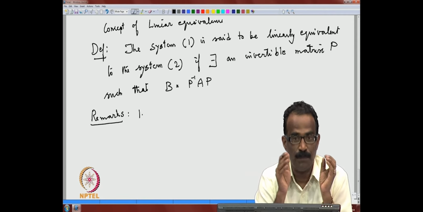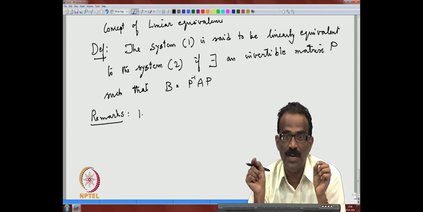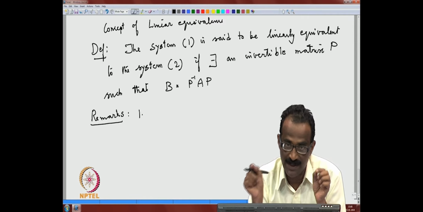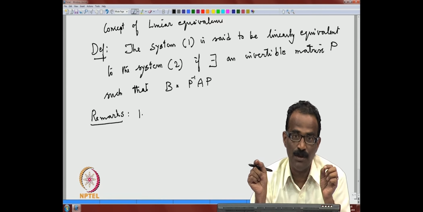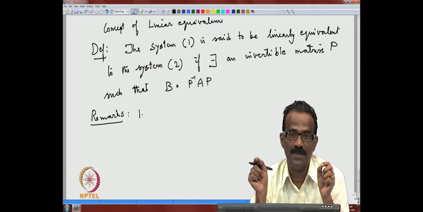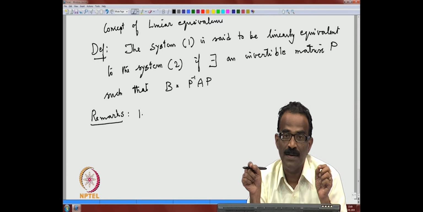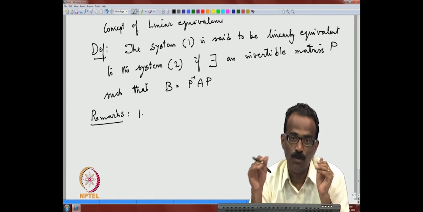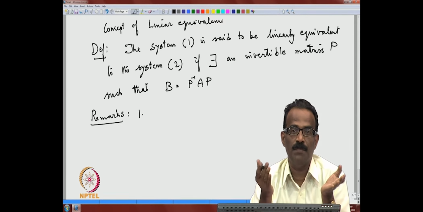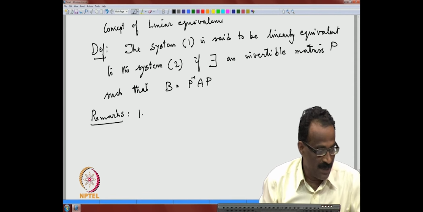For example, if a particular point is an equilibrium point, there will be a corresponding equilibrium point for the other system, and if this equilibrium point is stable, you will see what kinds of stability are available soon, then the other point will also be stable, and the nature of the behavior of the trajectories will also remain the same.